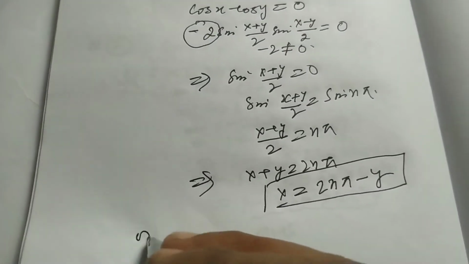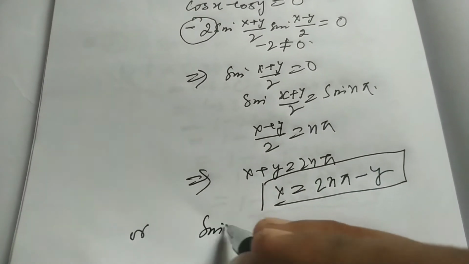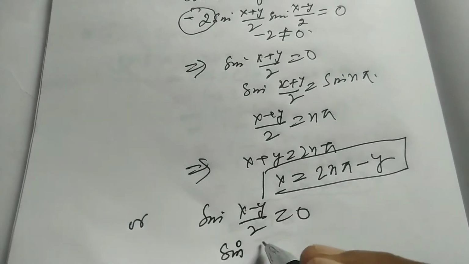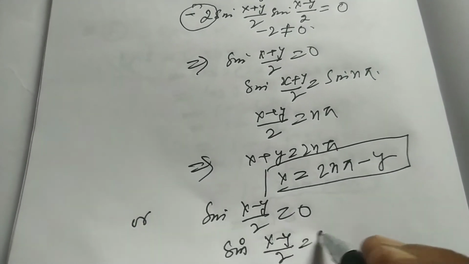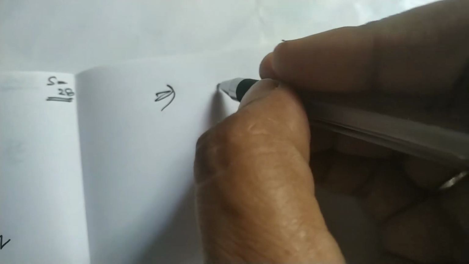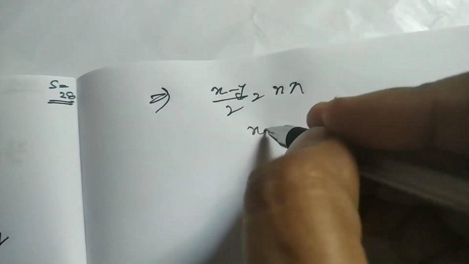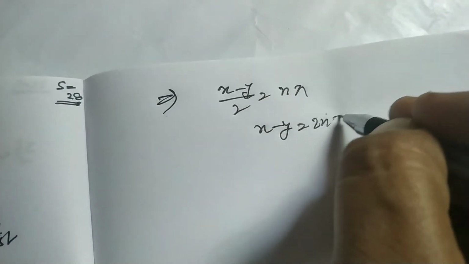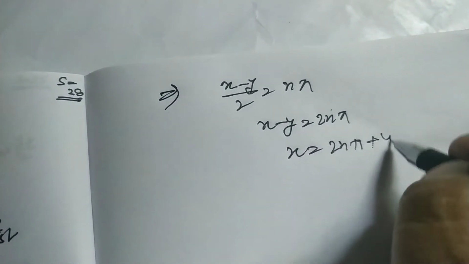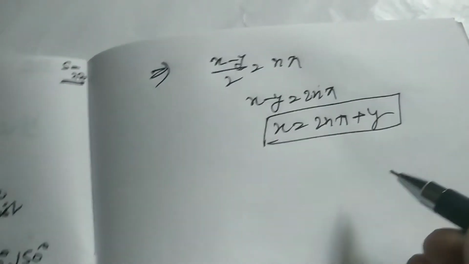And the second part, sin x minus y upon 2 is equal to 0, so sin x minus y upon 2 is equal to sin n pi, and x minus y upon 2 is equal to n pi. Cross multiply: x minus y is equal to 2n pi, and x is equal to 2n pi plus y. That is the second. So we have the two solutions.